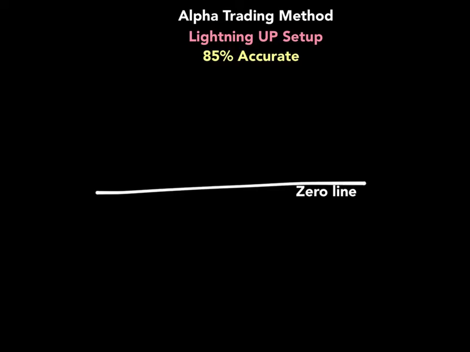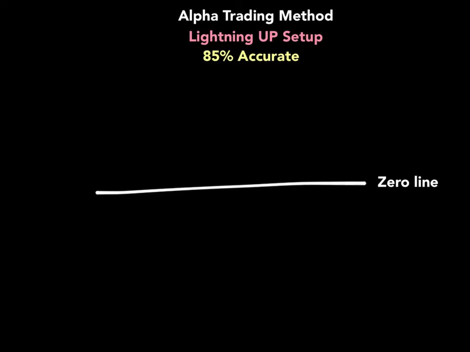This is a zero line because you will learn that it's all based on this. Okay, you have your zero line. What we are going to talk about in this video is the lightning up setup. All of this is compressed into the alpha trading method.